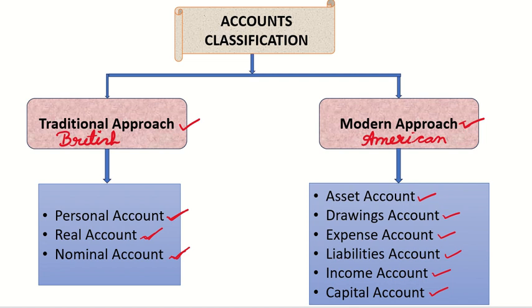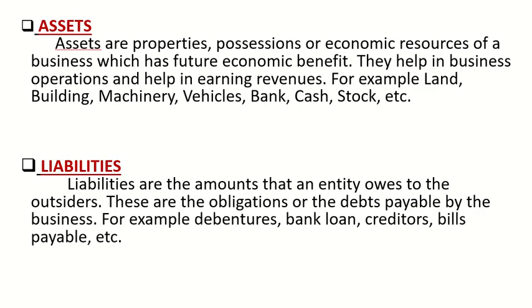Fine. So first let's see, what do you mean by assets? Now assets are the properties or possessions of the business which has a future economic benefit. For example, land, building, machinery, vehicles. Now, why are these an asset to the company?